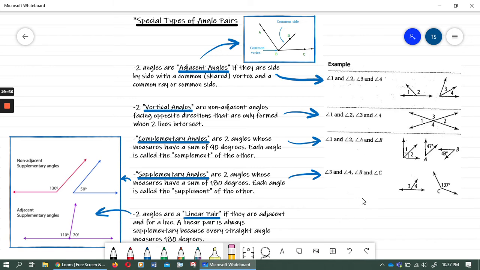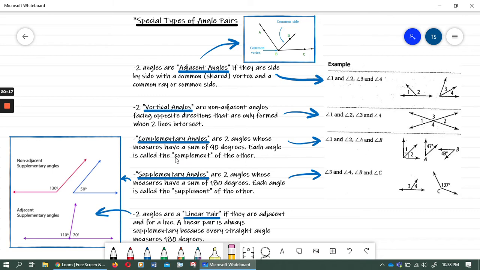Complementary angles are two angles whose measures have a sum of 90 degrees. And for my students enrolled in my class, you may not have known this: when you have two complementary angles, each angle is called the complement of the other.